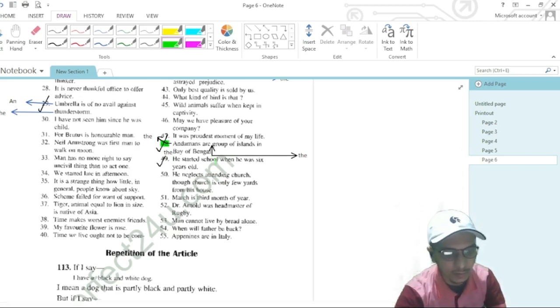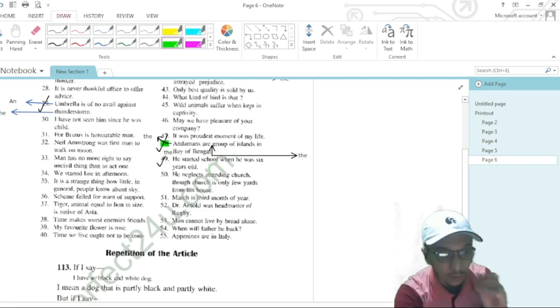Here every word has a particular sense. Particularity is included with every word. There is only one Andaman and one Bay of Bengal. The Andamans are the group of islands.